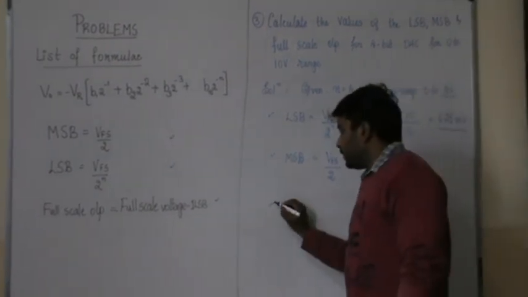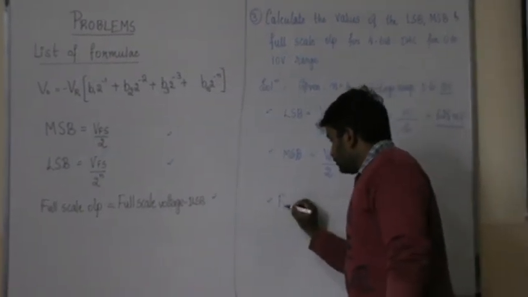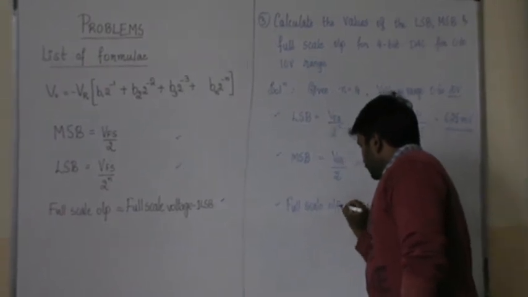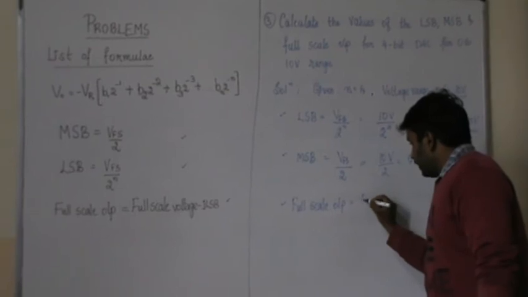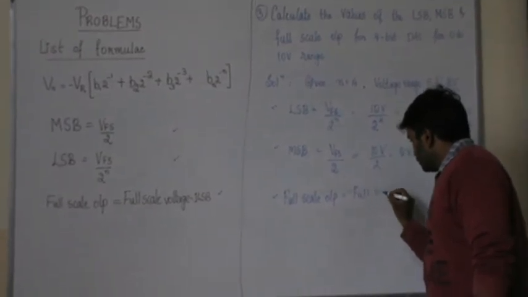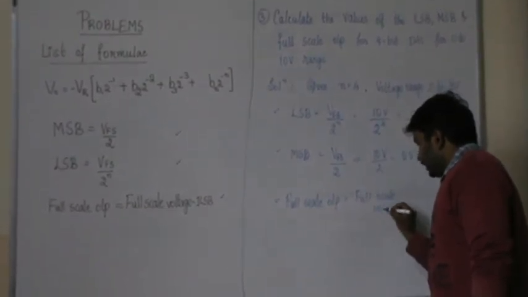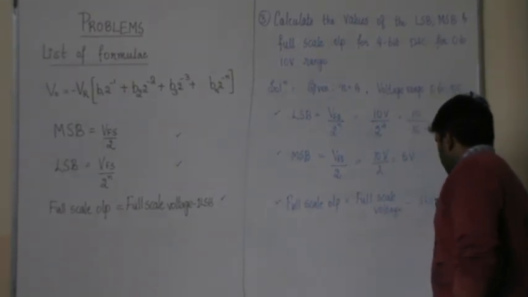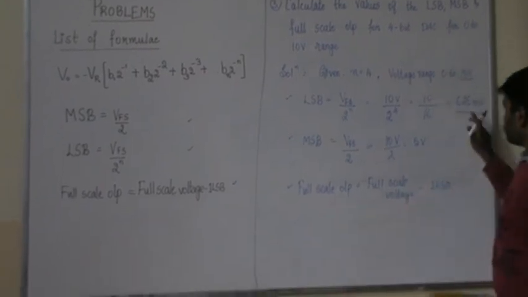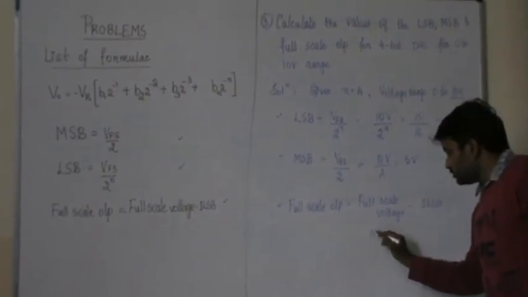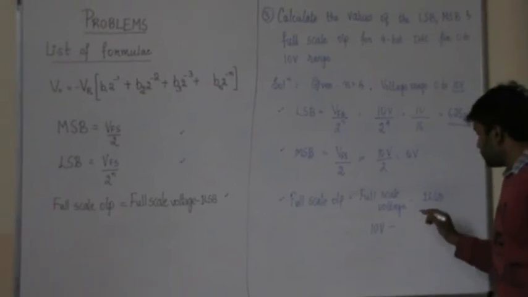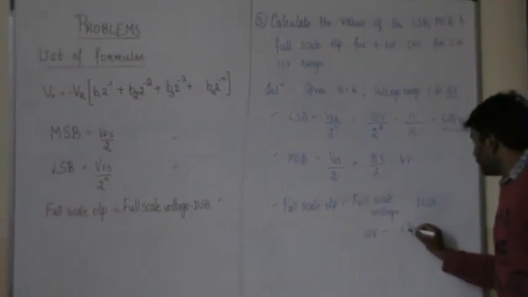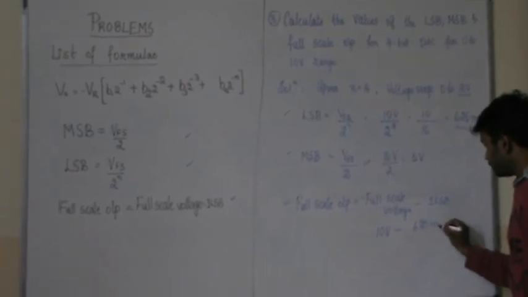Next, coming to the third part, the full scale output. Full scale output is given by full scale voltage minus 1 LSB. The full scale voltage is again 10 volts. 10 volts minus 1 LSB, and 1 LSB we have already calculated as 625 millivolts.